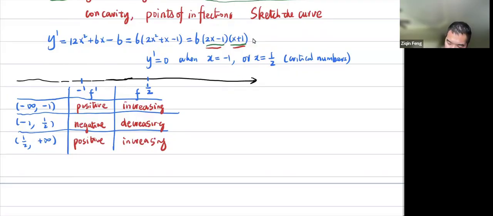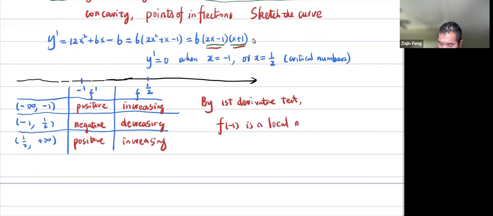So which means by the first derivative test, f of -1 is a local maximum.